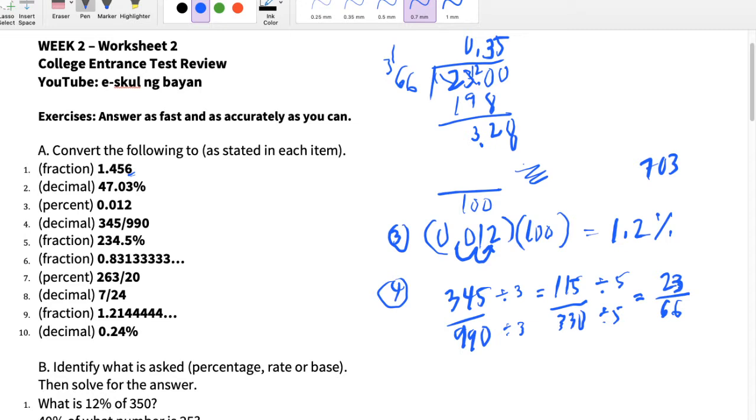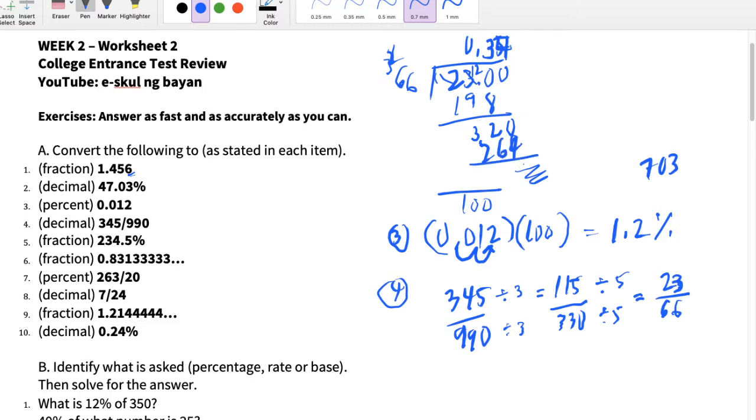Parang mali. Ay, 4 lang pala. Ba't sinulat? Sabi ko nga 4. 4 times 6, that's 24. Carry 2. 4 times 6, 264.